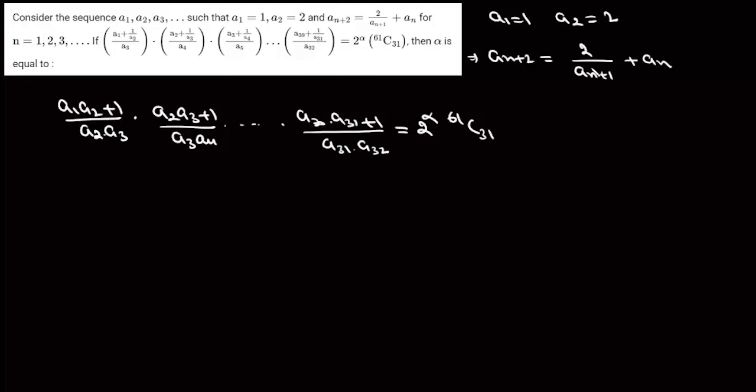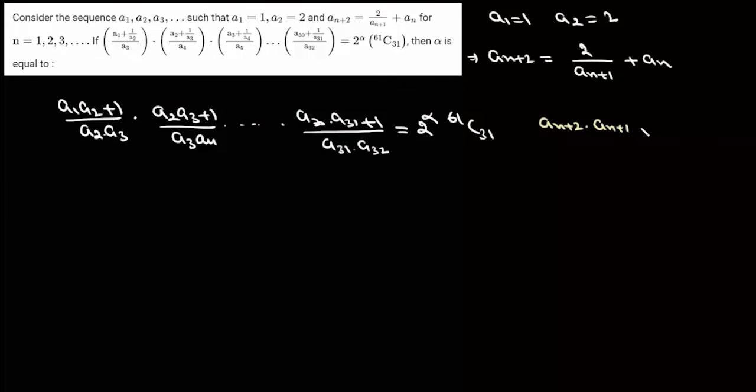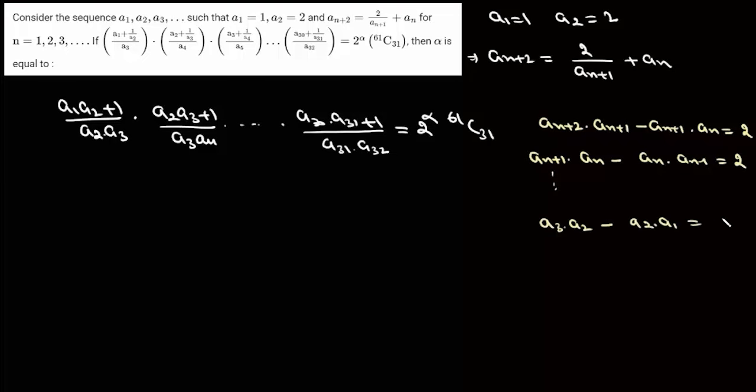So what we'll do is we'll cross multiply and we'll rearrange this as A(n+2) into A(n+1) minus A(n+1) into A_n, and it will be equal to 2. Now here we'll replace n with n minus 1. So we can write A(n+1) into A_n minus A_n into A(n-1) will be equal to 2. And we'll continue. And in the end we'll have A3 A2 minus A2 A1 and it'll be equal to 2.